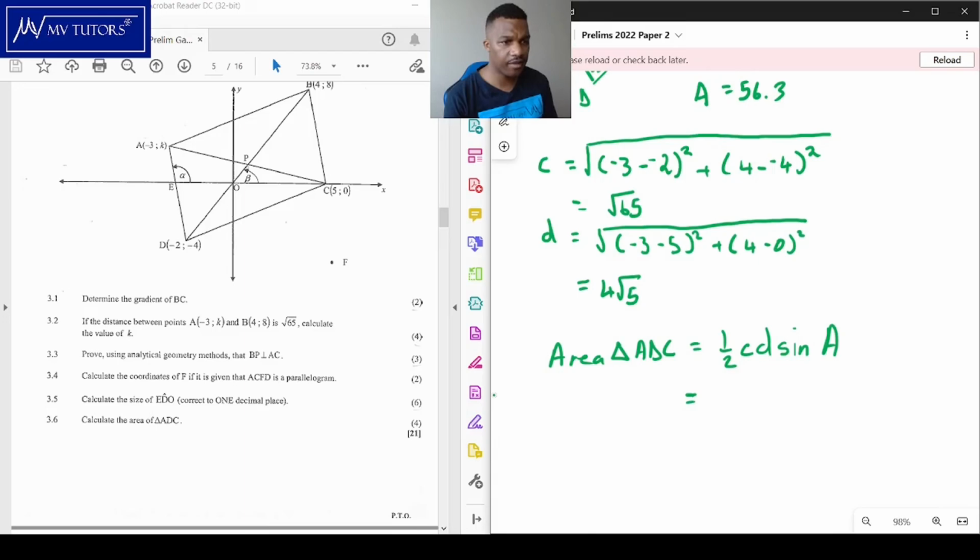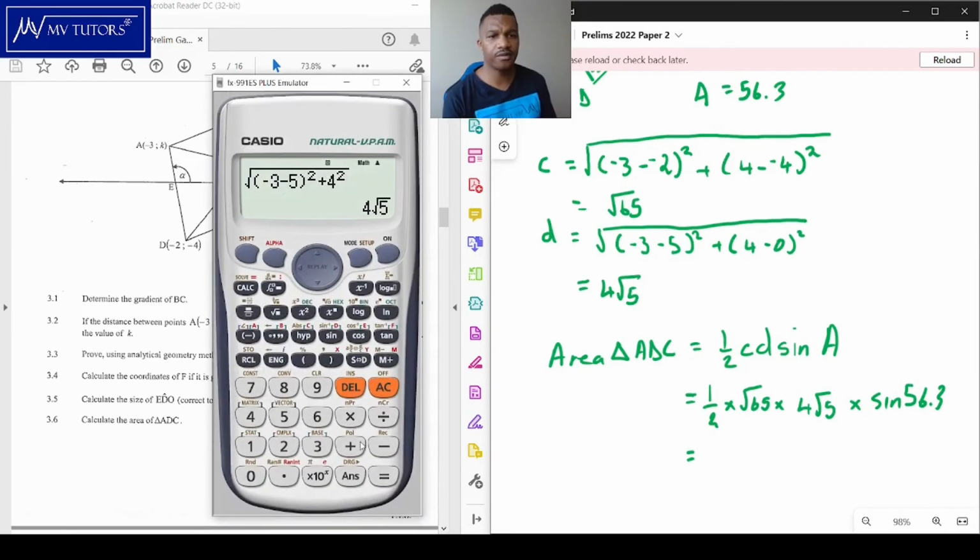Okay, we have the numbers. It's a half, C is square root of 65, times D is 4 square root of 5, times sine of A, which is 56.3. Okay, so let's put that in a calculator.